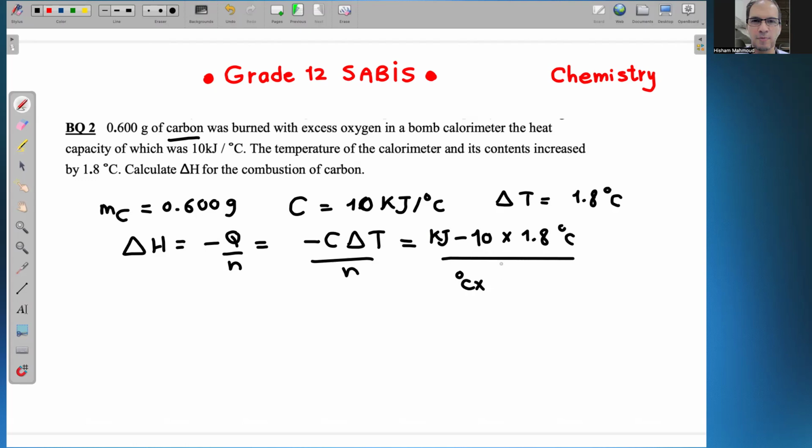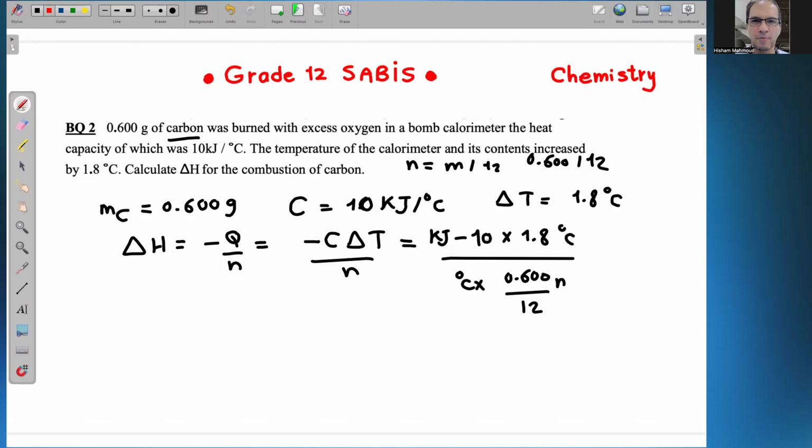The number of moles of the fuel is equal to its mass in grams divided by its molar mass, which is 12. So we divide 0.600 by 12, the mass divided by the molar mass, which gives the number of moles. What will be the unit?